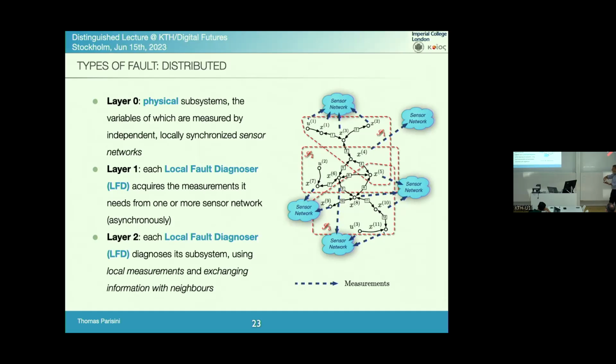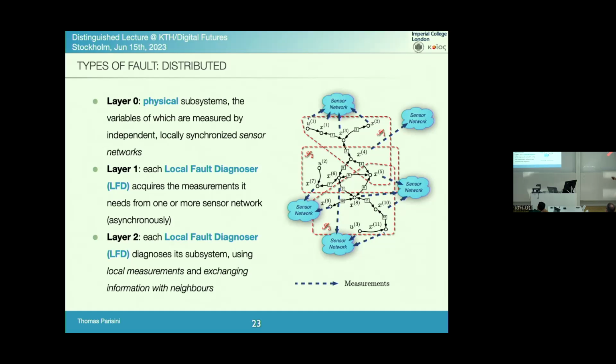But not necessarily synchronized with the other sensor networks. They might even be very far away. And there might be no need to actually synchronize everything on a single clock. Typically, that is not done in a plant-wide automation system, okay? So that means that you can think of these sensor networks as staying in their own life, okay? They are synchronized locally, but not necessarily with the others, okay?